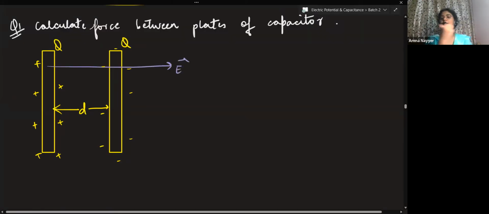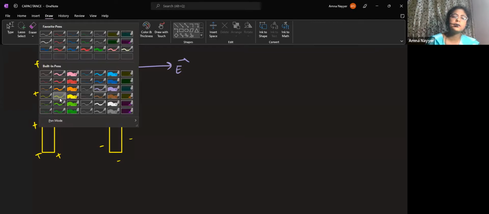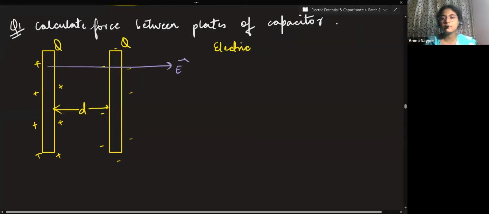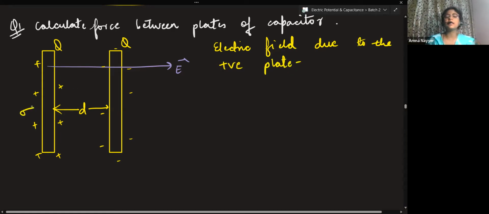E will be the direction of the electric field. So if sigma is the surface charge density, what will be the electric field due to this plate?